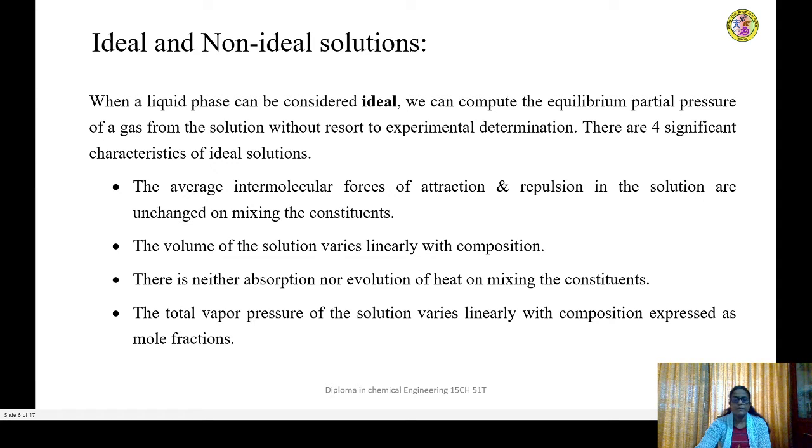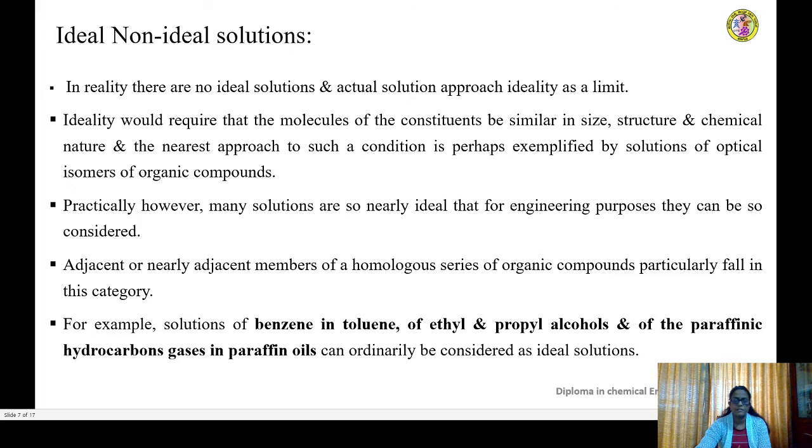That means if you express the composition of any particular substance in the given solution in terms of mole fraction, then that mole fraction varies linearly with the vapor pressure of the solution. Means there is a linear relationship between the vapor pressure of the solution and the composition expressed in terms of mole fractions. So a given solution which has all these characteristics is termed as an ideal liquid solution.